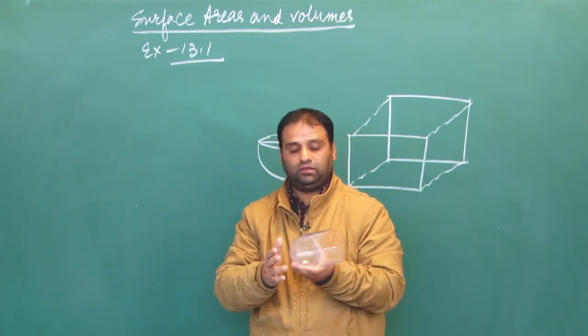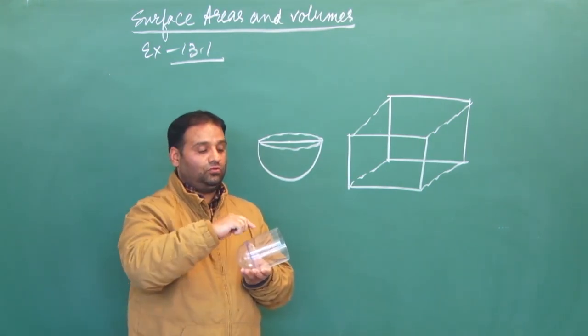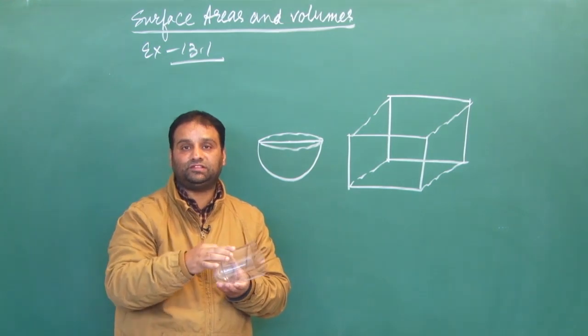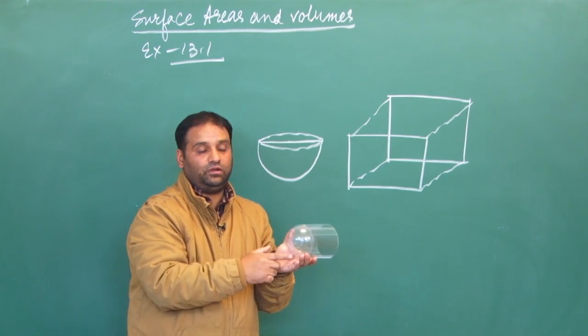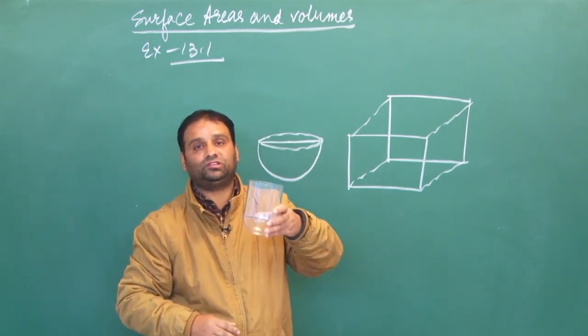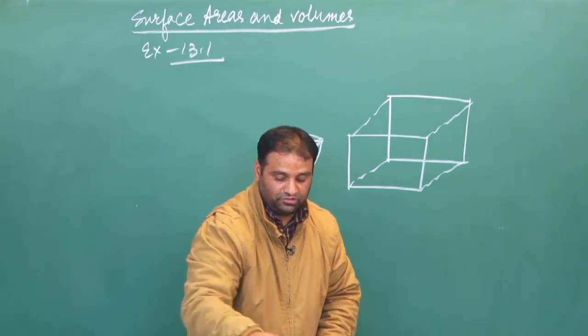This is the cylindrical part whose only curved surface area is exposed. We need to find the curved surface area of the cylinder and the curved surface area of the hemisphere. On adding both these areas, we will get the total surface area of the vessel. This is how this question is done.